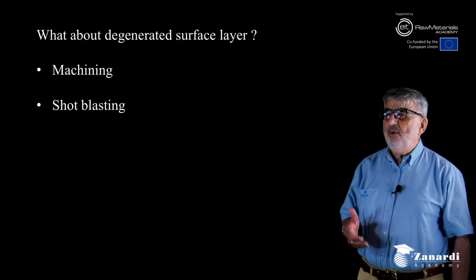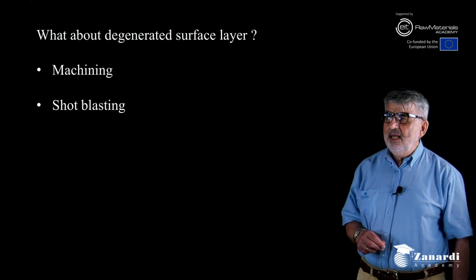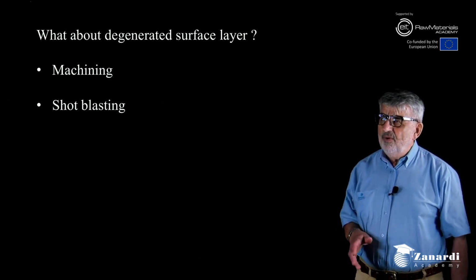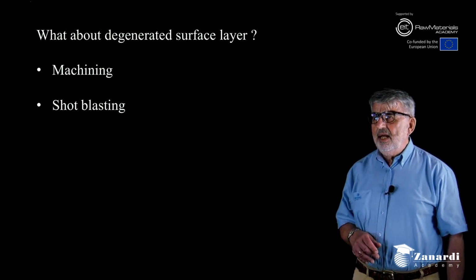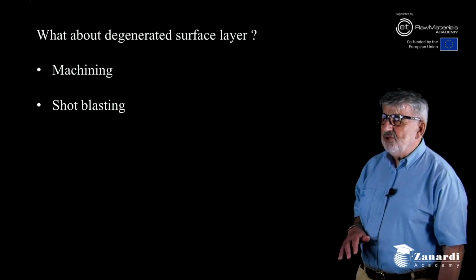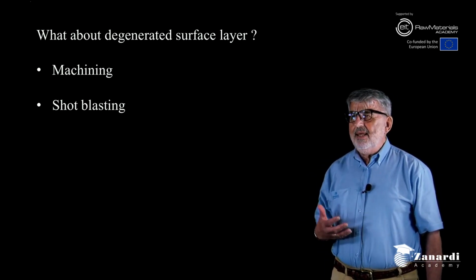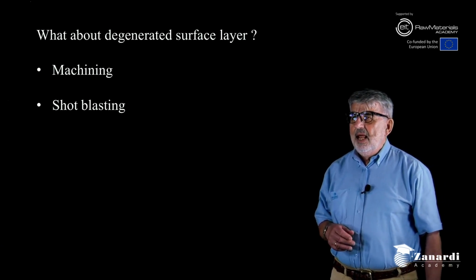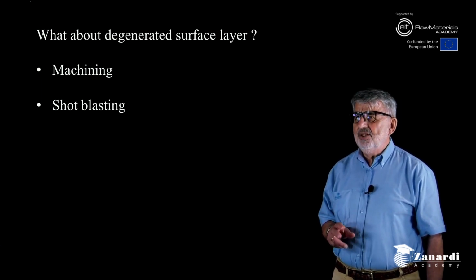But the best way, if the raw surface is in critical areas, is to machine, to remove the surface, or make a controlled shot blasting that is able to increase the fatigue surface strength to a value that is nearly similar to the machined surface.